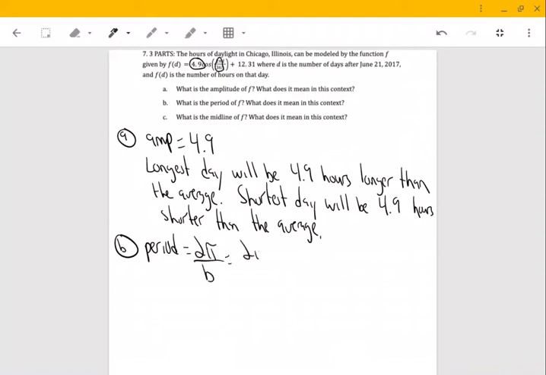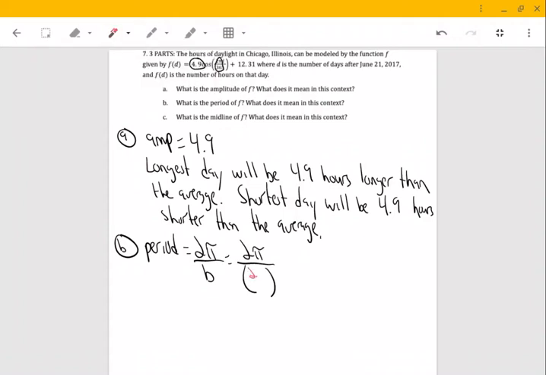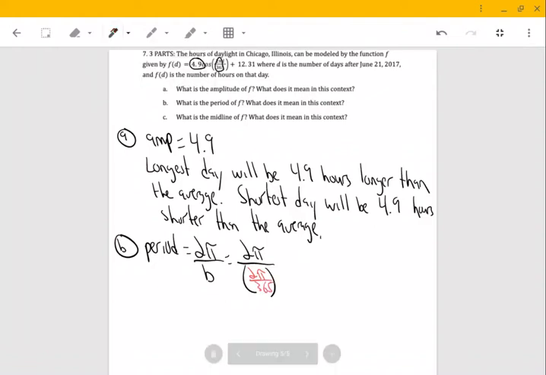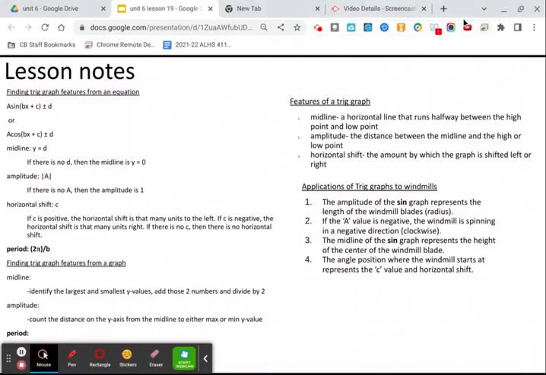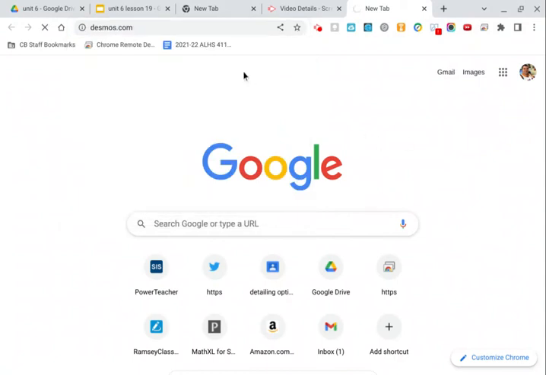So in this case, that's going to be 2 pi divided by 2 pi over 365. So I'm just going to use Desmos to calculate this. So let me pull up Desmos on my computer here.